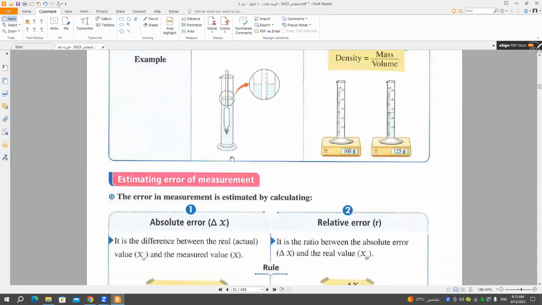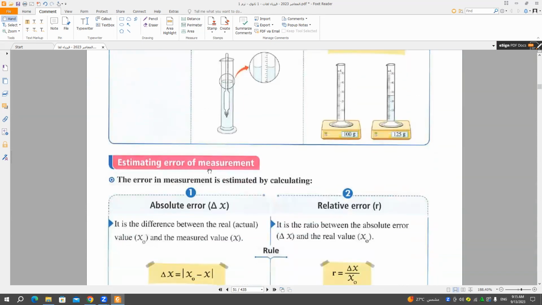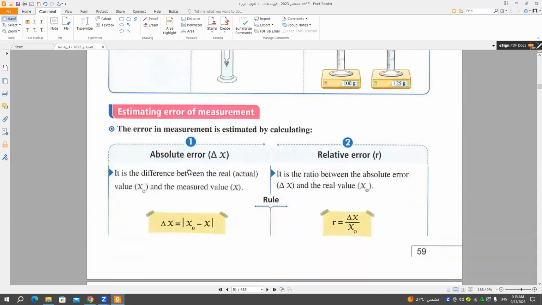Estimating error in measurement, we have two types of error: absolute error and relative error. Absolute error is the difference between the actual value and the measured value.